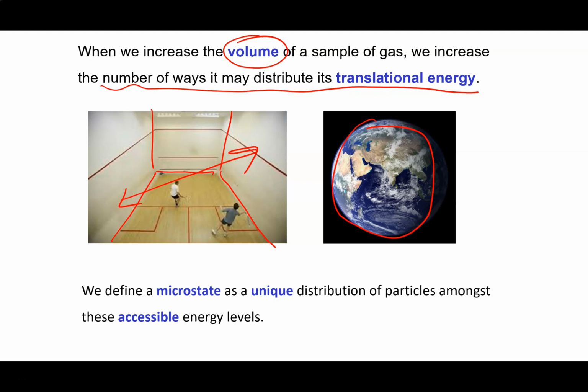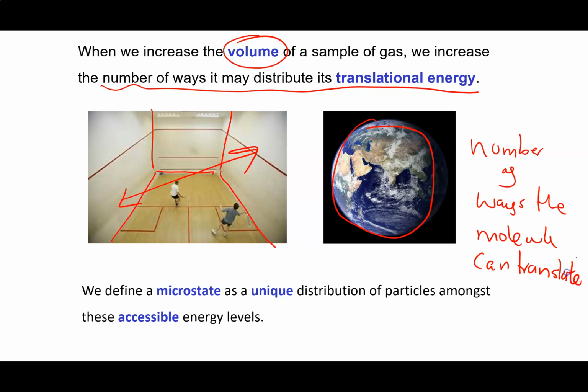They have much greater freedom with respect to how they use their translational energy. So that's what's increased, right? The number of ways the molecule can translate. That has increased enormously for the gas molecules when they leak out of the tire.